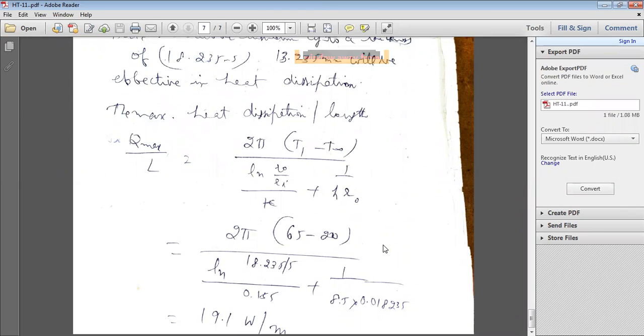This is the critical radius or critical thickness of insulation. This is a very, very important topic. You may get one problem on this in the final exam or internal exams. All of you, do one thing. Not only listening in the online class, listening and sleeping.